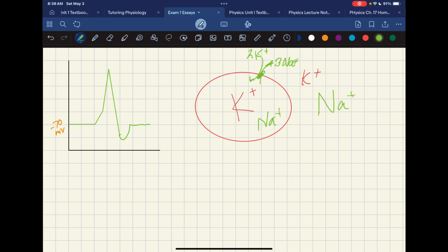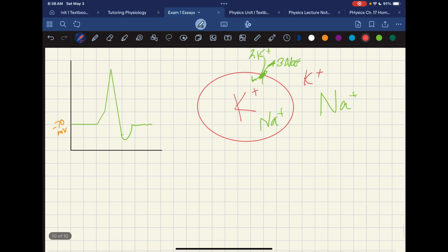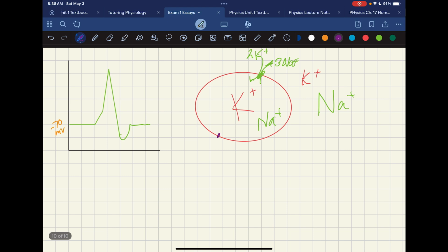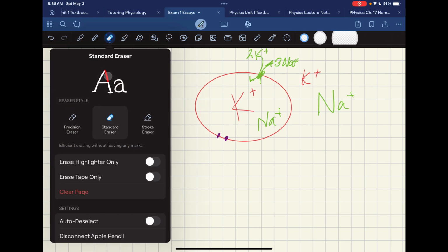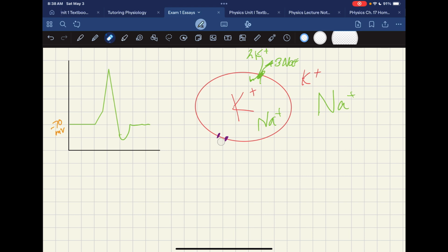But since K is more permeable compared to sodium, it allows K to leave the cell through leak channels. Due to this negative charge growing inside the cell, there's an electrical gradient that wants to pull it back in, right?